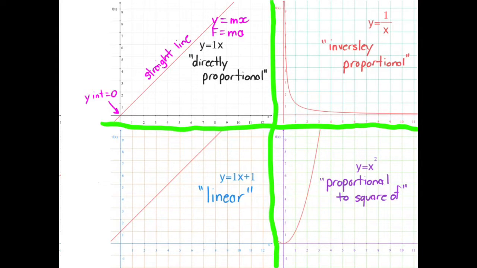The second relationship that we have down at the bottom left is a linear relationship. So we have a straight line, which is what makes it linear, but the y-intercept is not equal to 0, so it's equal to 1 here.